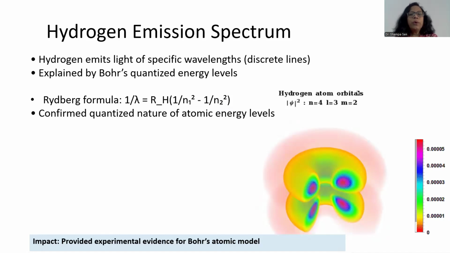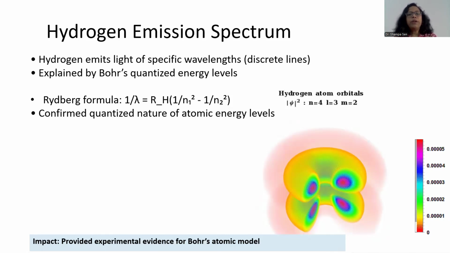So let us go into the hydrogen emission spectrum. Hydrogen emits light of specific wavelengths, discrete lines. It's not a continuous spectrum. These lines were explained by Bohr's quantized energy levels. The Rydberg formula explained it more.